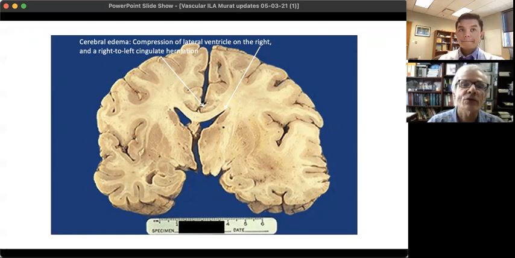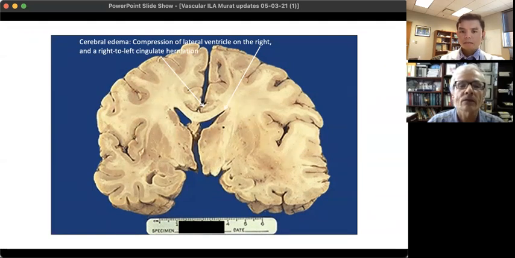The arrow in the middle indicates a subfalcine herniation of the cingulate gyrus to the other side. Also note that there is a midline shift to the other side. All radiologic findings that you can see in your patients.